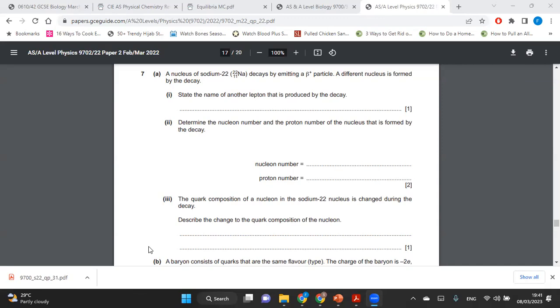Then they're saying determine the nucleon number and the proton number of the nucleus that is formed by the decay.